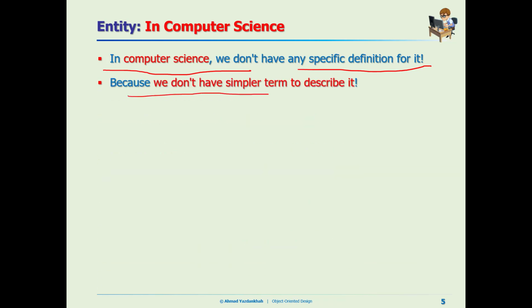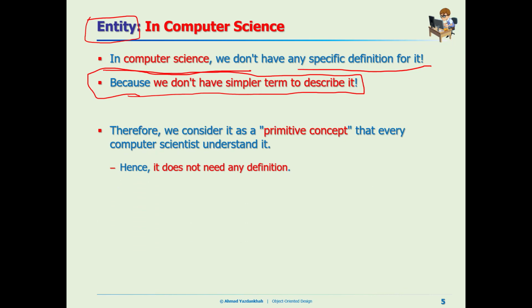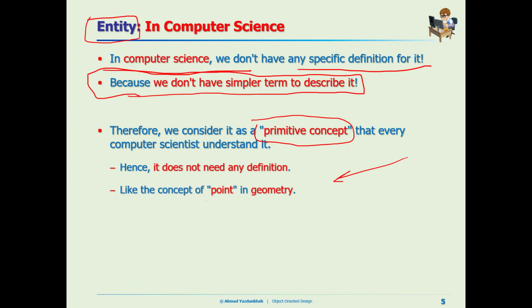So we have to accept that entity is a primitive concept in computer science. Primitive concepts are those concepts that we cannot define, and we assume that everybody understands what they are. For an analogy to other sciences, probably the best example would be the definition of point in geometry.